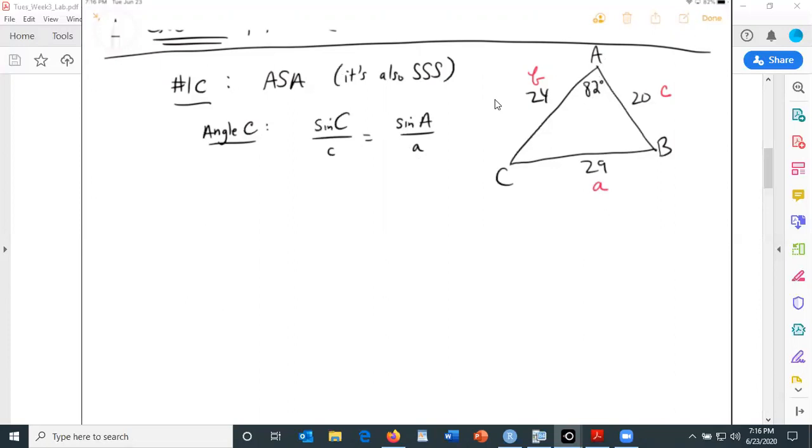So let's set it up. Angle C is what I want. Side C is 20, equals the sine of angle A of 82 degrees over little a of 29. And then you cross multiply. So we get 29 times the sine of angle C equals 20 times the sine of 82.